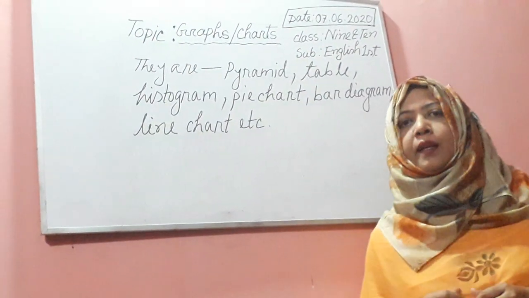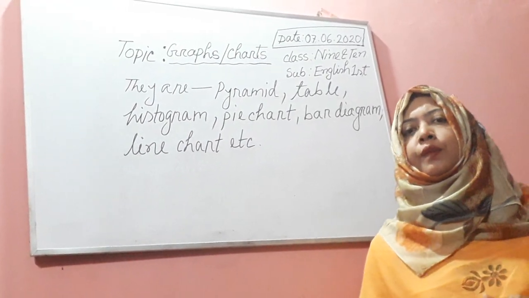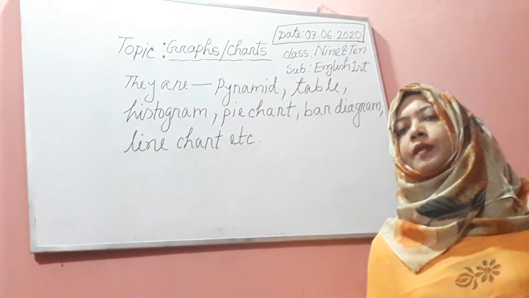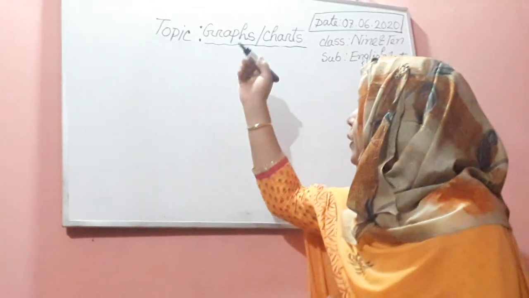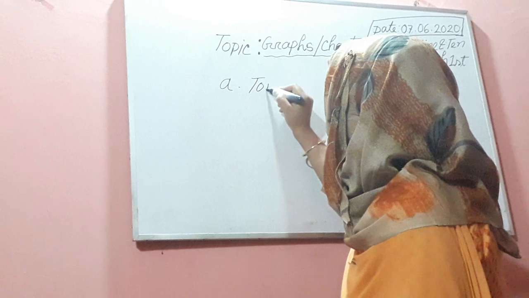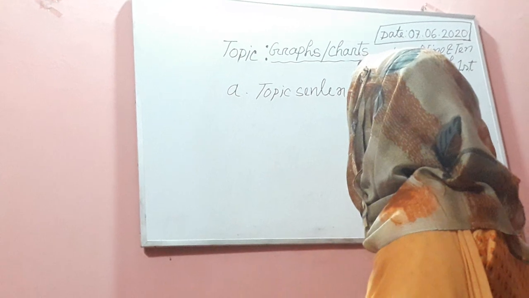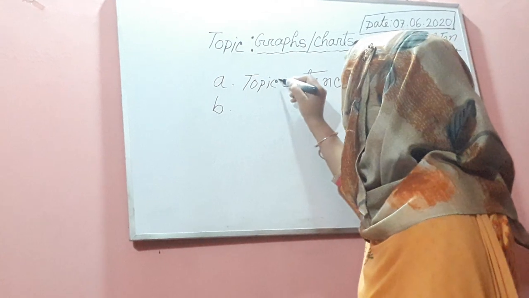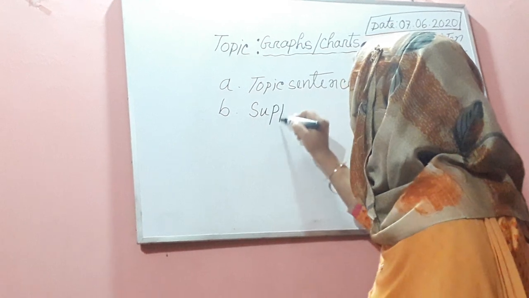A graph and chart has also three parts to report or analysis. So when you start writing a graph and chart, you will have to follow some instructions. At first, you have to write down the topic sentence. Then, according to the topic sentence, you will have to write the supporting sentence.